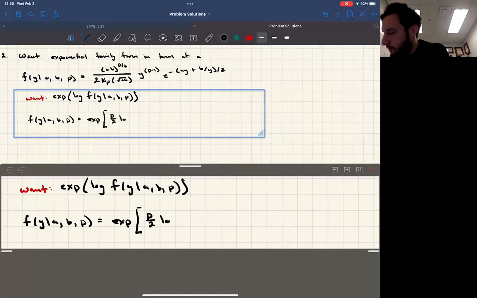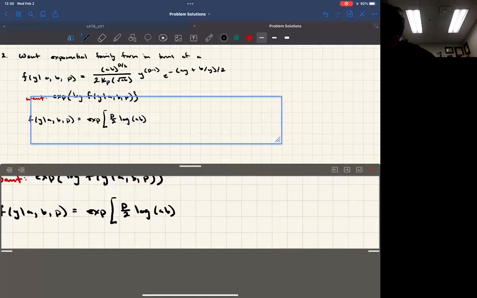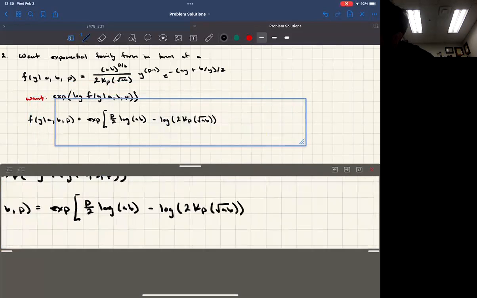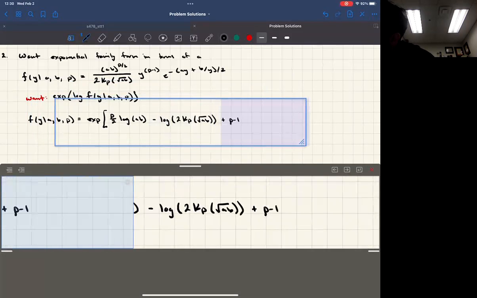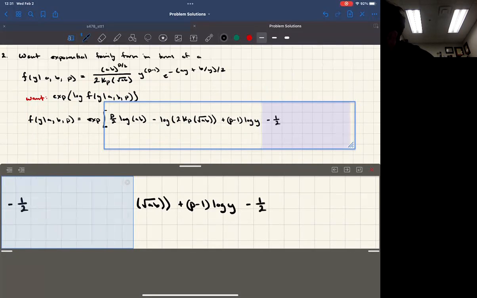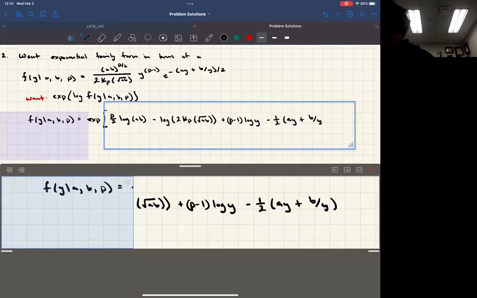We have P over 2 log AB, minus log 2 K_P square root AB, plus P minus 1 times log y, minus 1 over 2 times (AY plus B over Y).